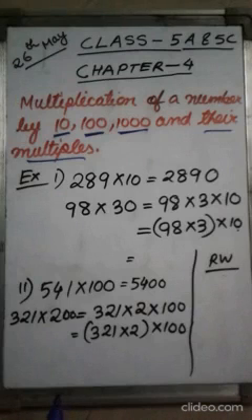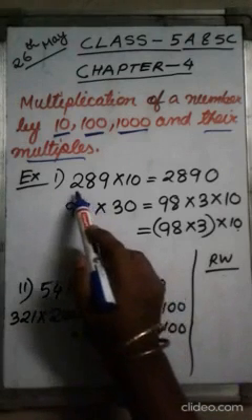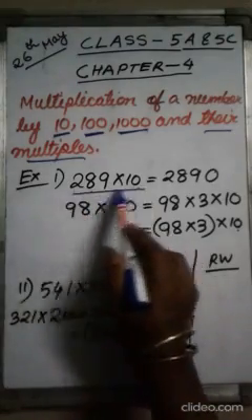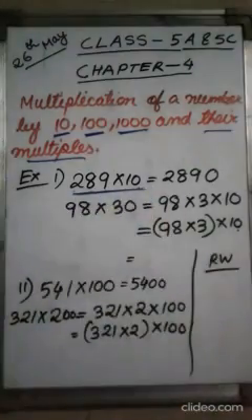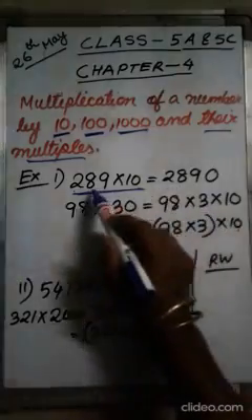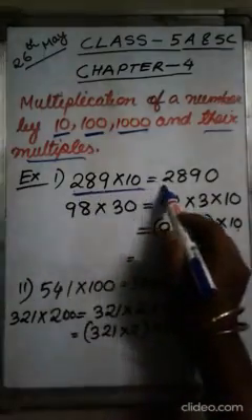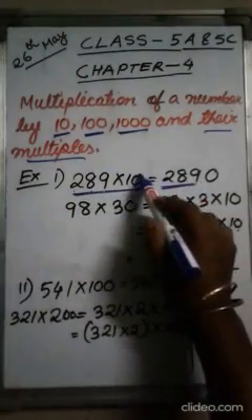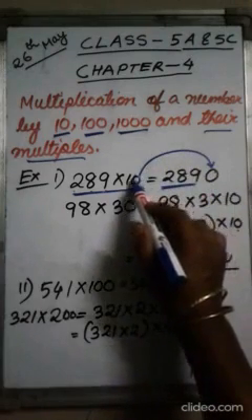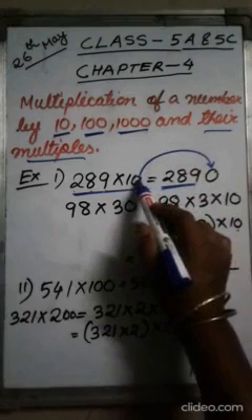How to do this? So here 289 into 10. We have a number 289, we have to multiply it by 10. What we do, we write the number 289 and the zero. How many zeros are there? It is 1 here.